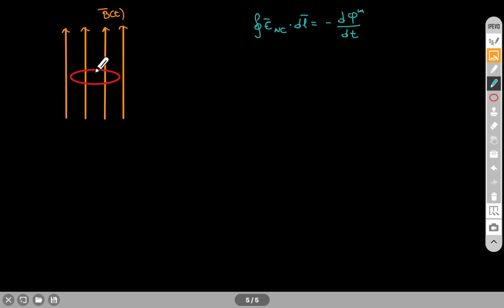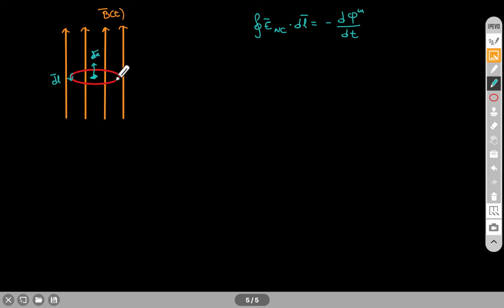Now, let's say that I'm choosing my area dA here, and I'm choosing the dA vector to point up, which means I need to do the integration around the loop this way for dl.